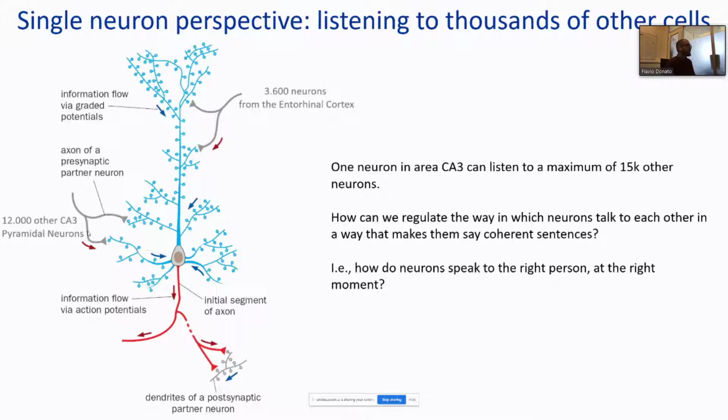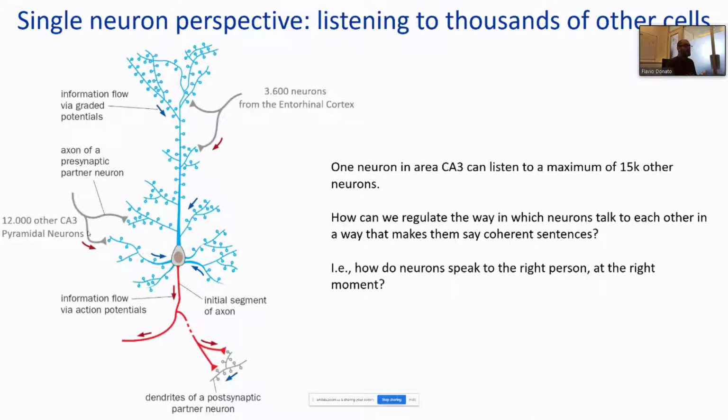It receives 12,000 synapses from other CA3 neurons, which are neurons located in an area of the hippocampus called cornus ammonis area 3, that's where CA3 comes from, and then transmits information to a lot of other neurons. So in the end, one neuron of the area CA3 can listen to up to 15,000 other cells.